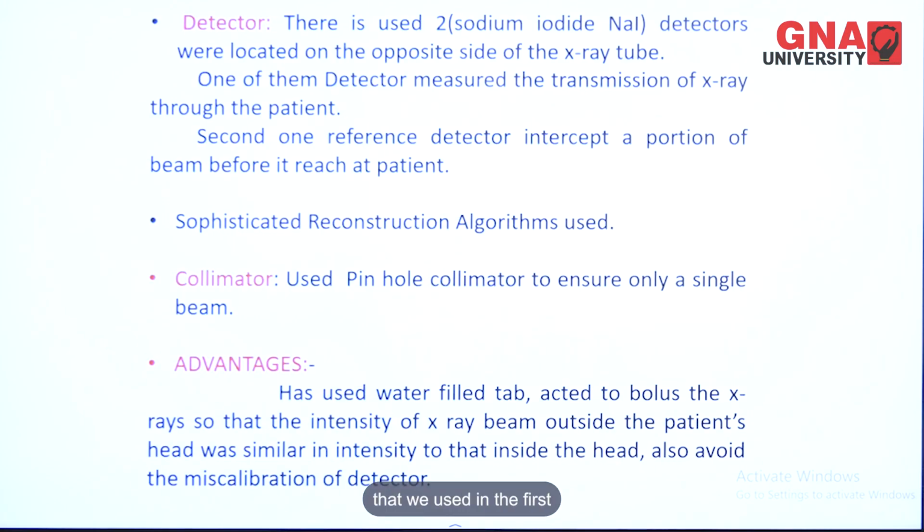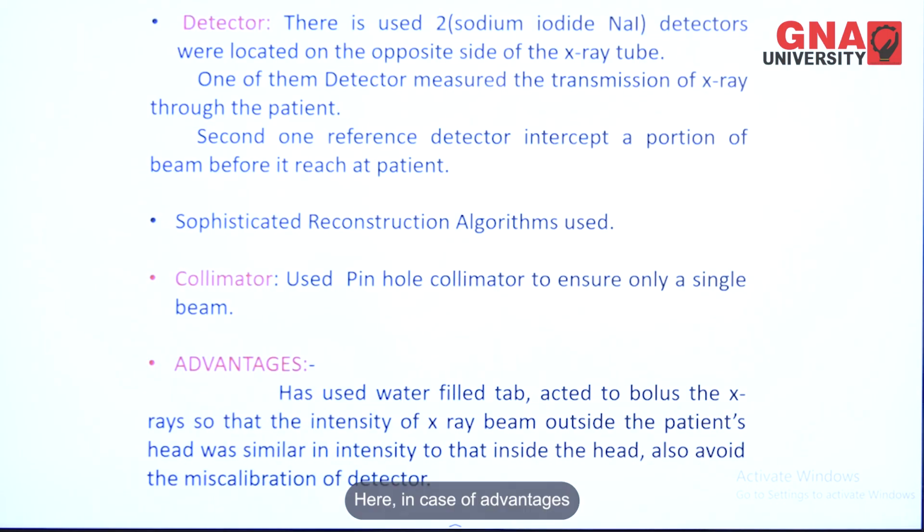The collimator that we used in the first generation CT is known as a pinhole collimator, and as the beam used was a pencil beam, this pinhole collimator ensures that no scattered radiation reaches our detector and only the straight traveling radiations are registered inside the detector.